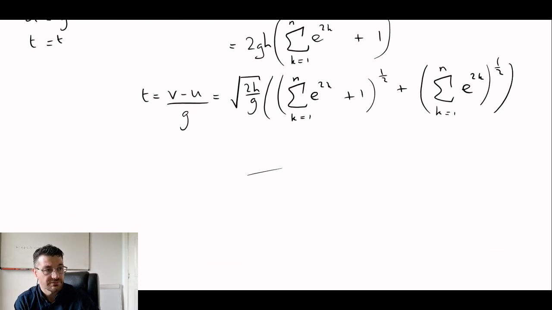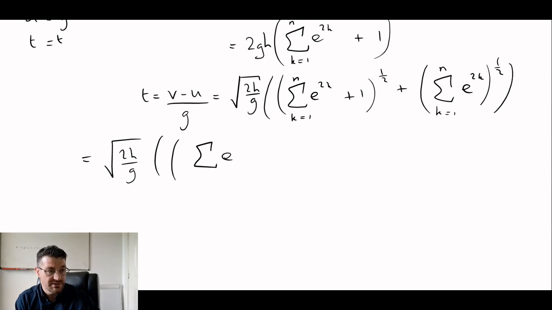Right, which I can write as 2h over g, and you'll see why I'm going to write it like this in a second. e to the 2k from k equals 0 to n, sorry, no, just n. Yeah, I can stick with that.